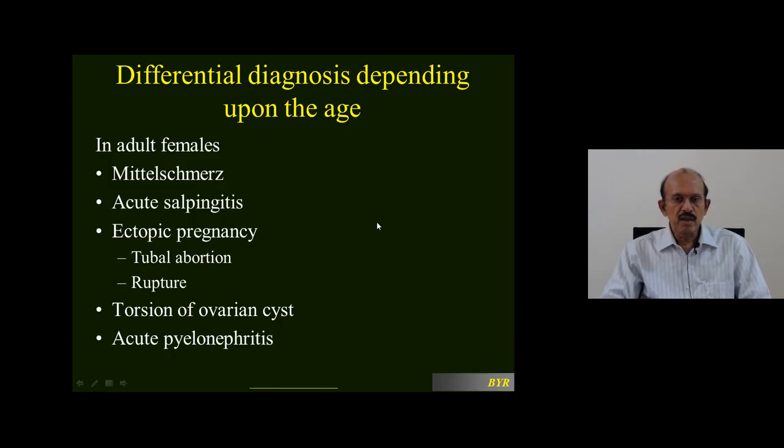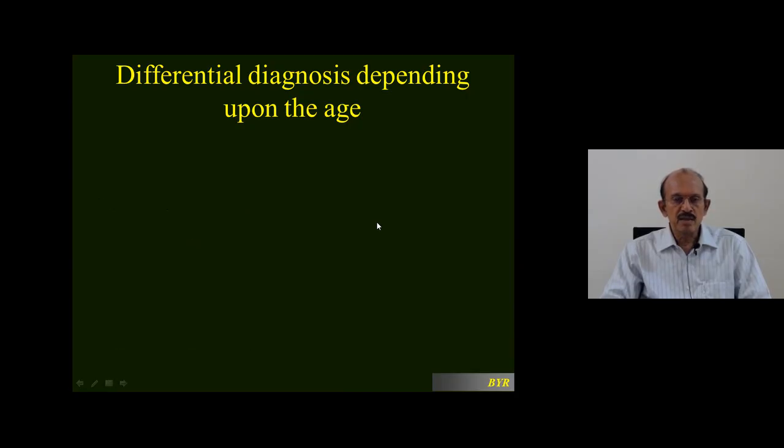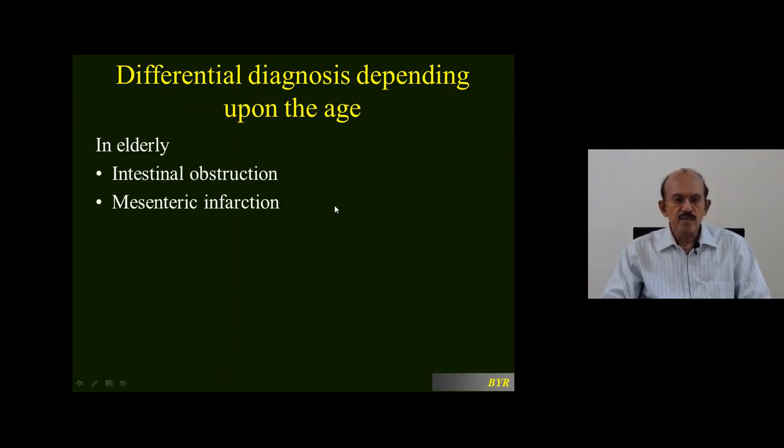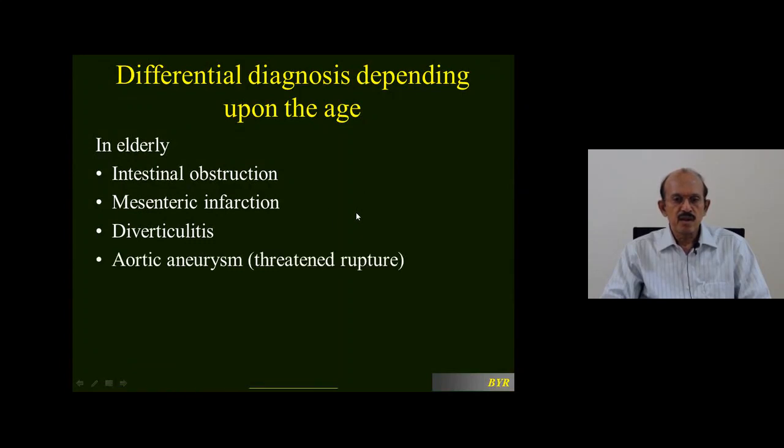In the elderly: intestinal obstruction, mesenteric infarction or acute mesenteric ischemia, diverticulitis, and threatened rupture of an aortic aneurysm. So these are the differential diagnoses to be considered depending upon the age.